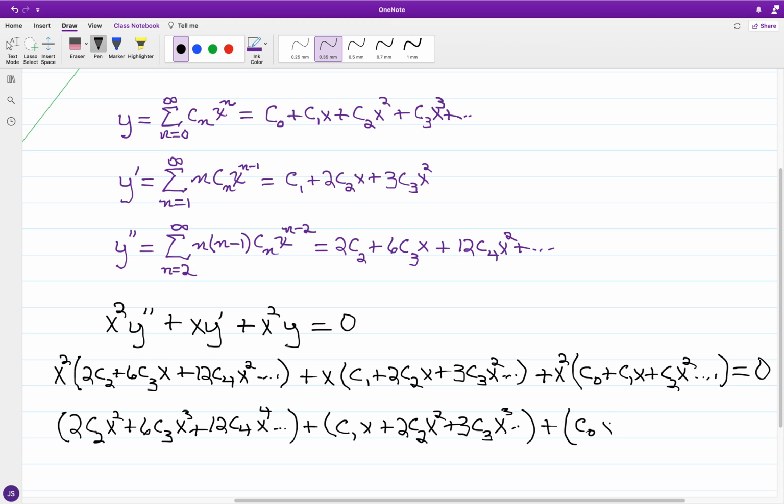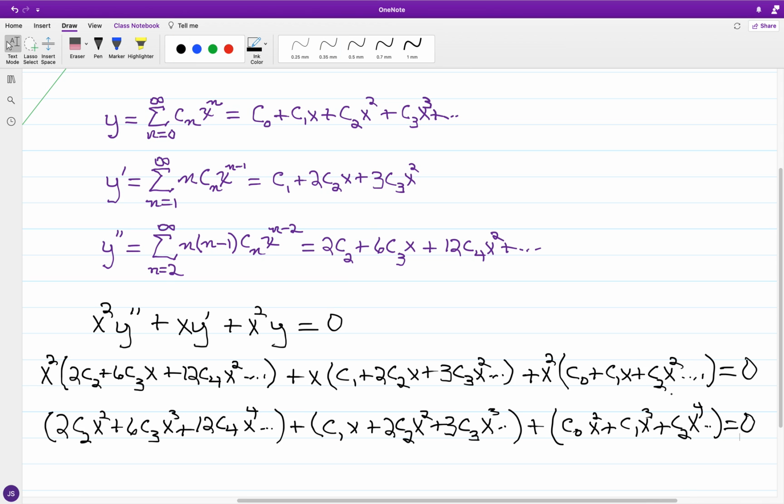We have distributing x squared. Now it's going to turn out that quite a few terms are going to go out, because of what we have among the items.